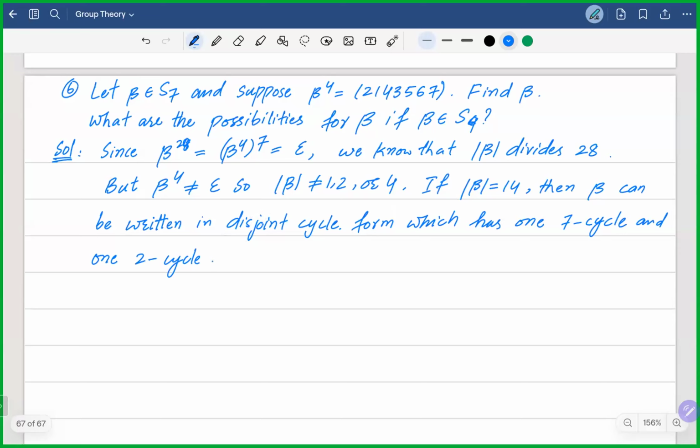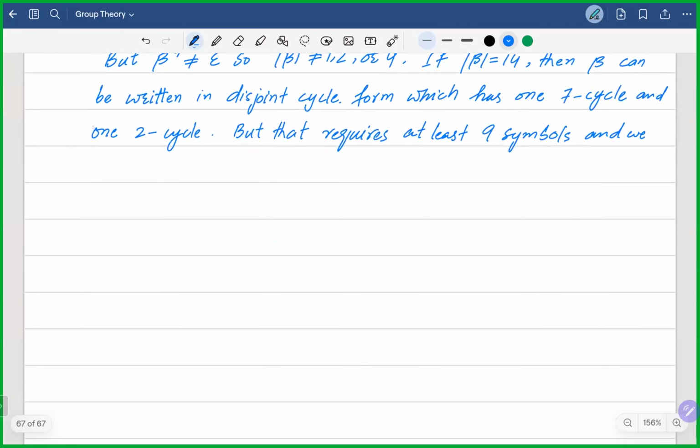But that requires at least 9 symbols, and we have only 7.